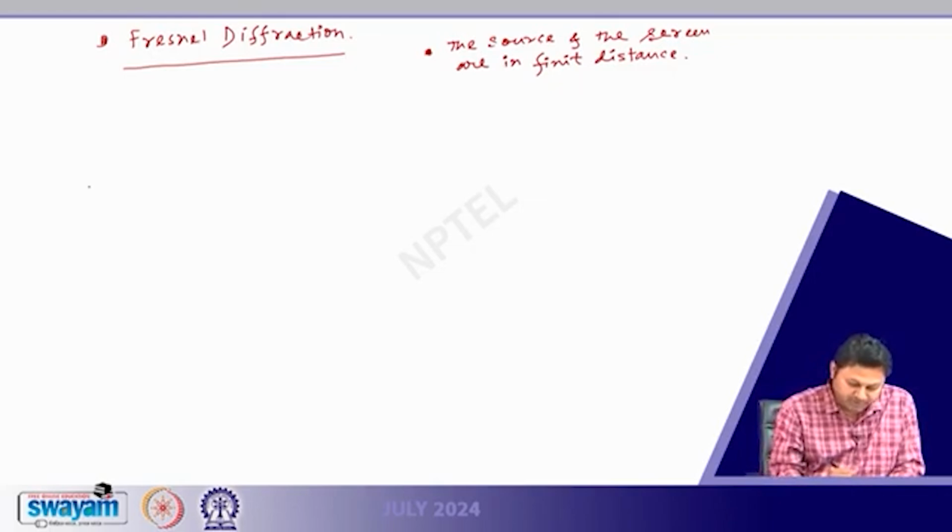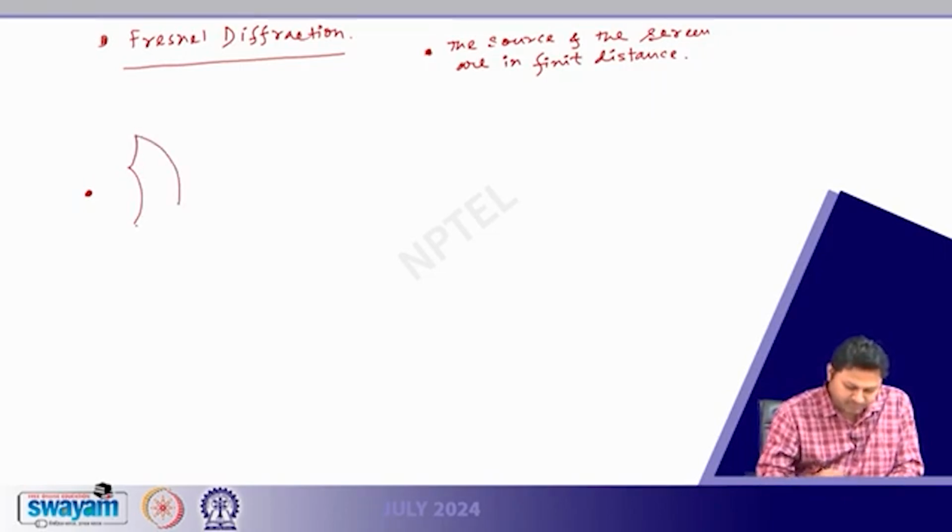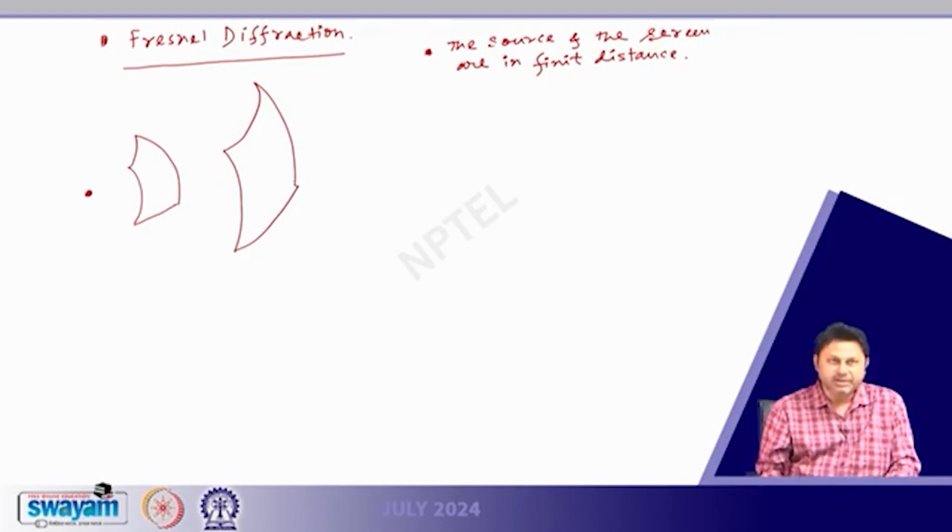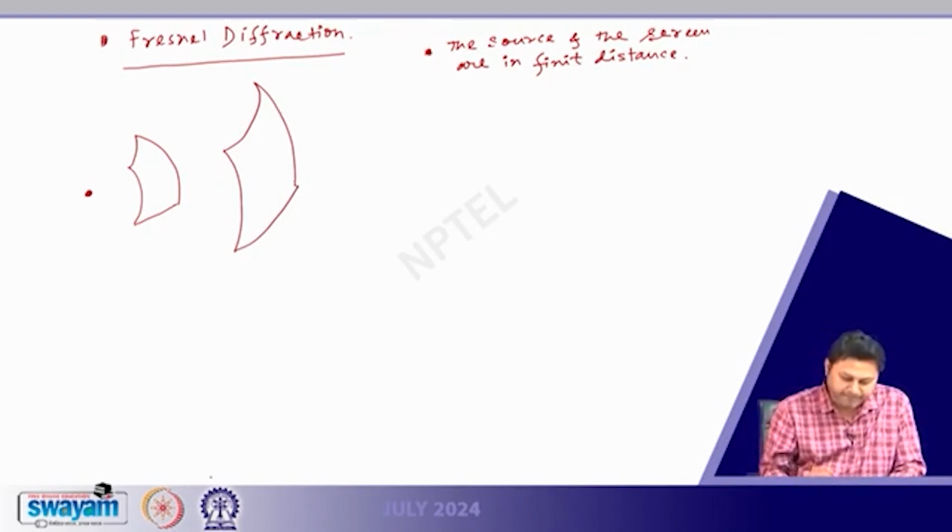Let me draw here that if this is the source, a spherical wavefront is going to emerge, and let me draw a portion of this spherical wavefront. It will emerge like this. I am just drawing a portion of this wavefront, which is no longer plane but spherical in nature.